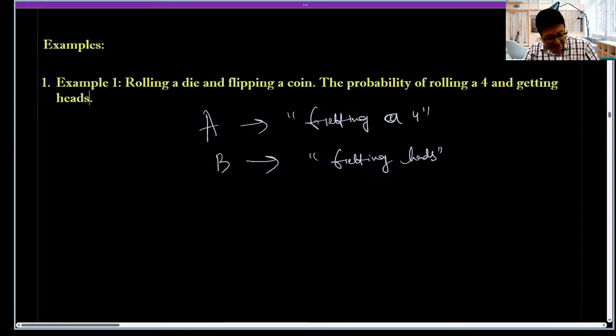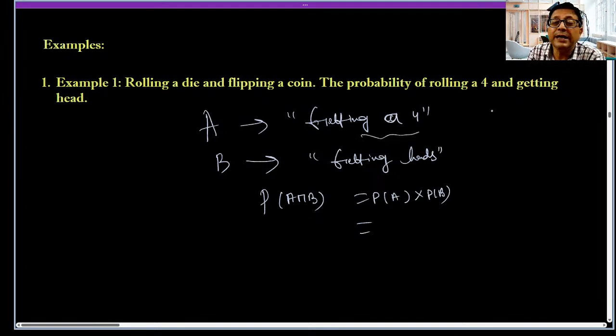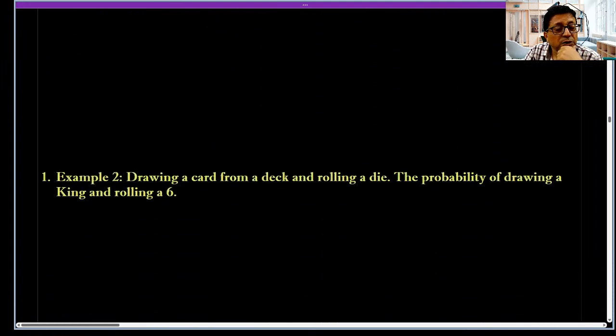Because you have tossed one coin and one dice. So probability of A intersection B is required here, or joint occurrence of the two. This is again P(A) into P(B). You understand simple sums first. Solve some simple problems yourself, then go for solving difficult sums. Getting a 4, probability will be 1 by 6. Getting a head, probability will be 1 by 2. Answer is 1 by 12. Simple question. Go for the next one.